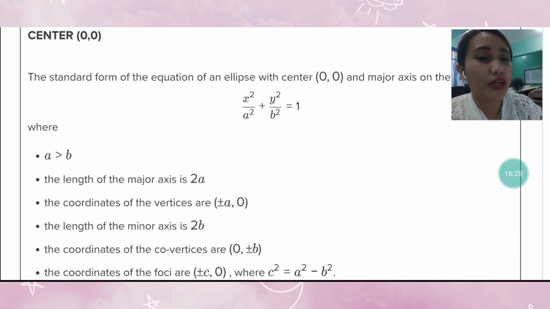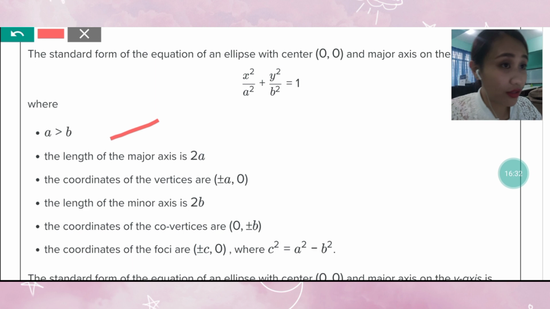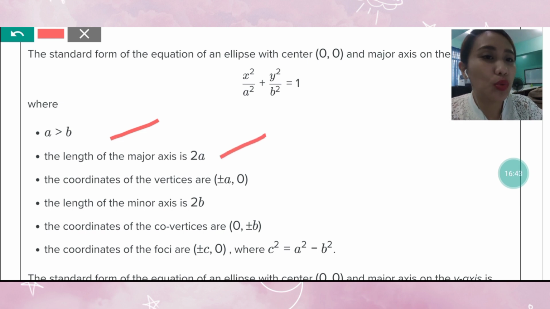Where a is greater than b. So again, if a is greater than b, our ellipse is horizontal. The length of the major axis is 2a. Since it's horizontal, going to the right, that's a units. Going to the left, that's a units. If we add that all up, that will result in 2a.